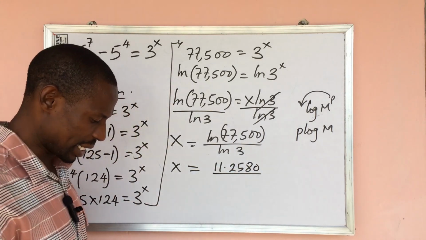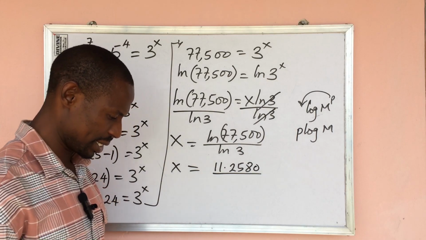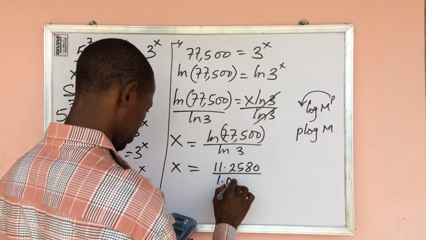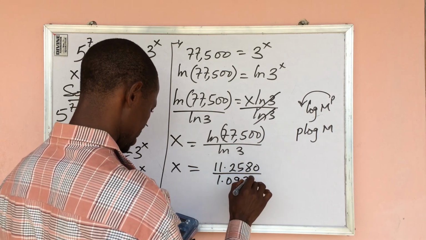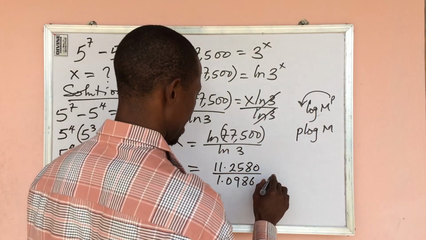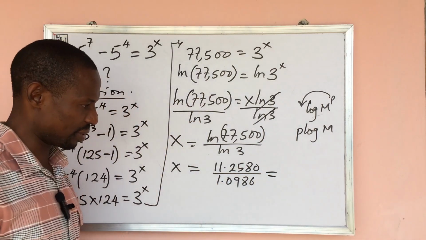Divided by, let's check that of ln 3. ln 3 we have 1.0986.